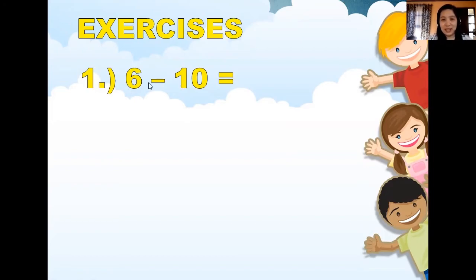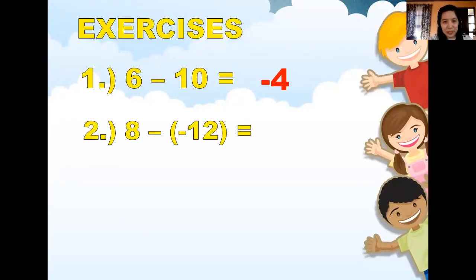So that is 10 minus 6, you have 4, and this will be negative since this is smaller than 10, negative 4. Or we simply change the sign of the subtrahend. Your 10 becomes negative 10, then proceed to addition. So 6 plus negative 10, this is equal to negative 4.